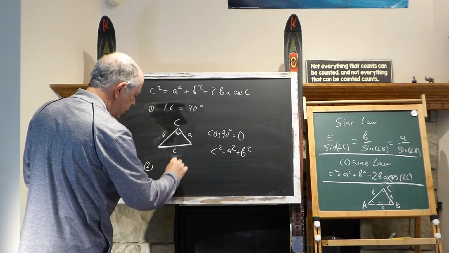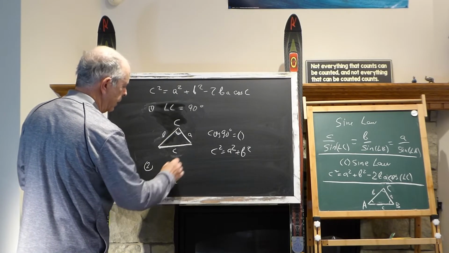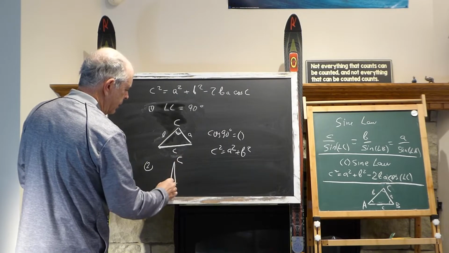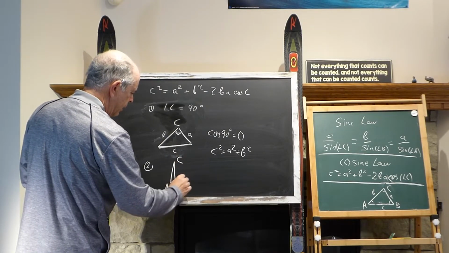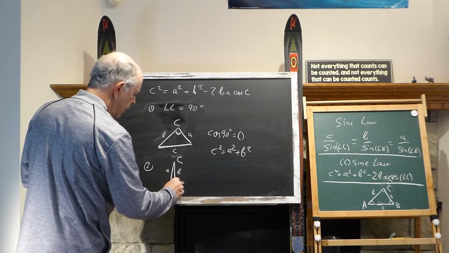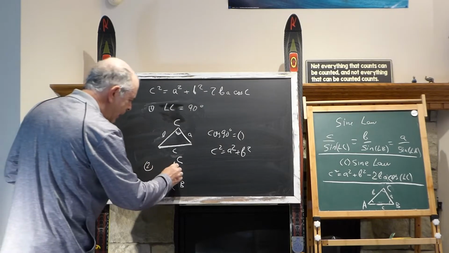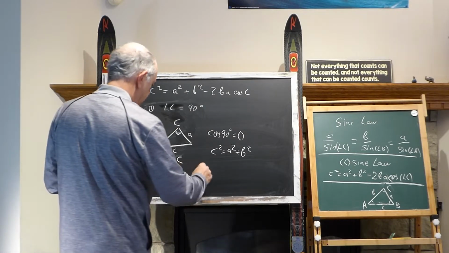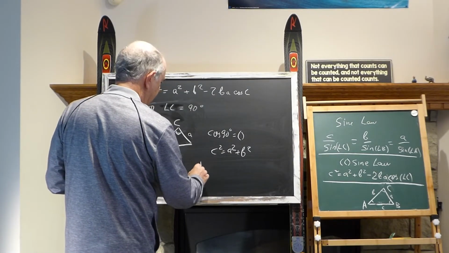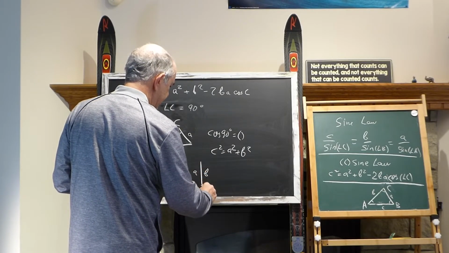In the limit, when it's very close, the picture would be like this. This would be C capital, A capital, B capital, and it would be A, B, and C. When we totally collapse this, we will have kind of a line. And this would be A, and this would be B, and this would be 0.